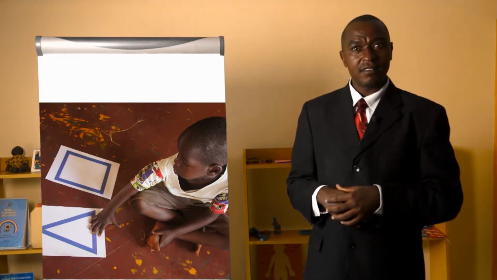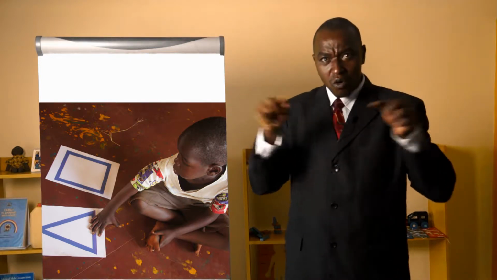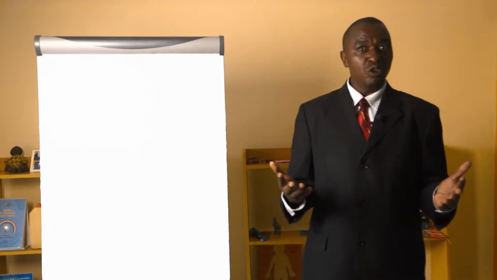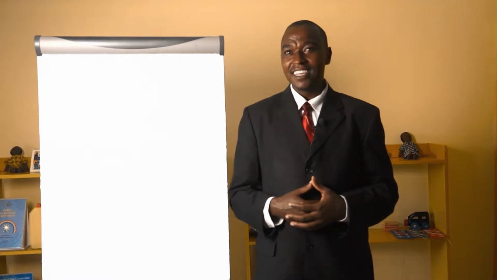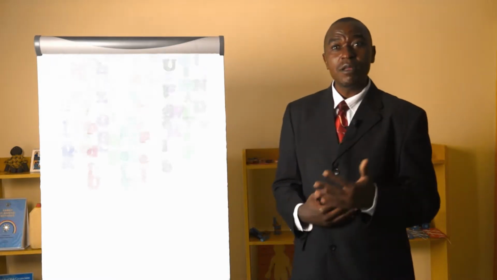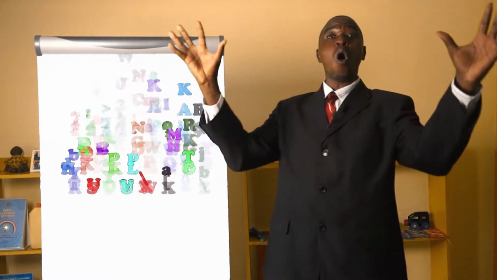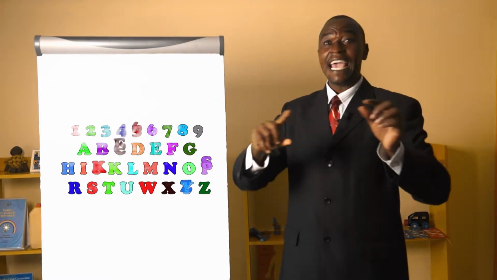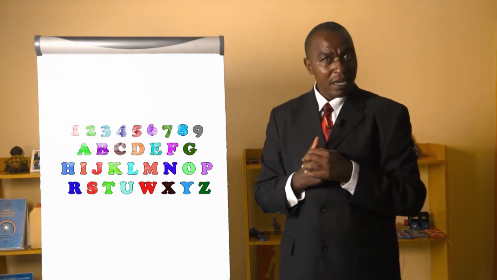For instance, when shown a triangle and a square, the child can describe how the shapes are alike and how they are different. By the time children come to primary school, they should be able to discriminate between more abstract symbols like letters and numbers.